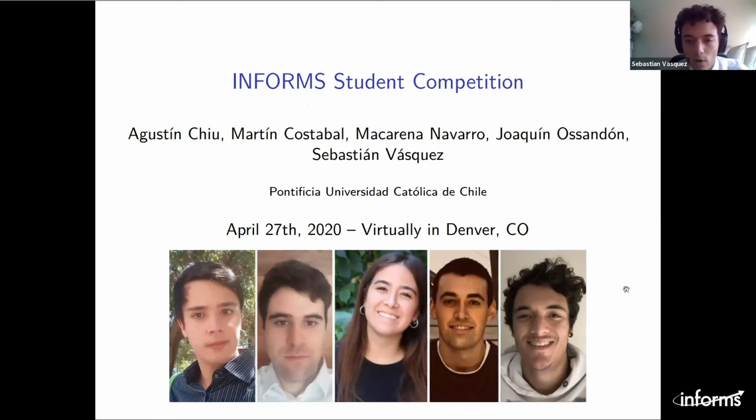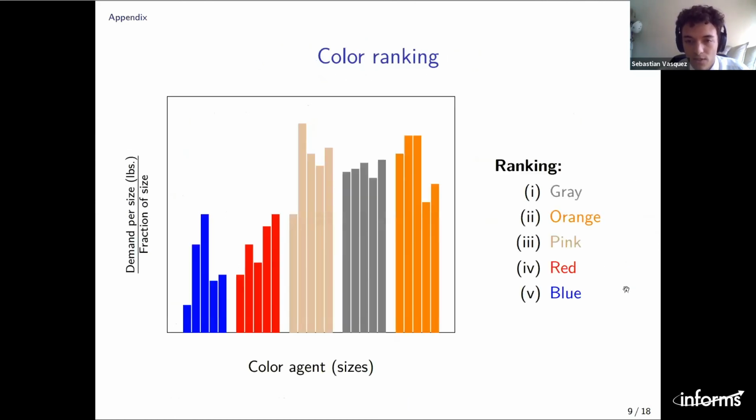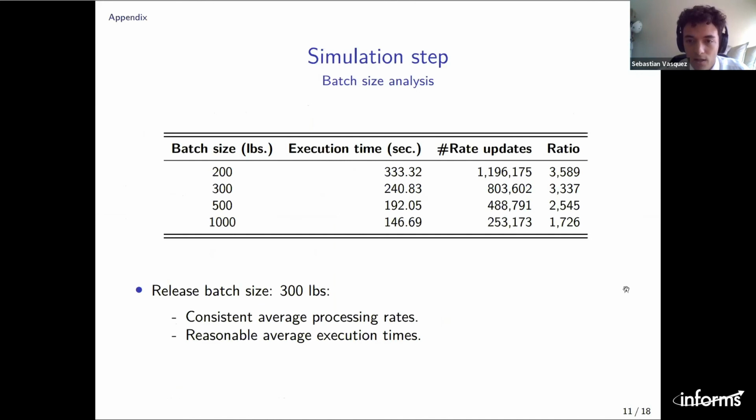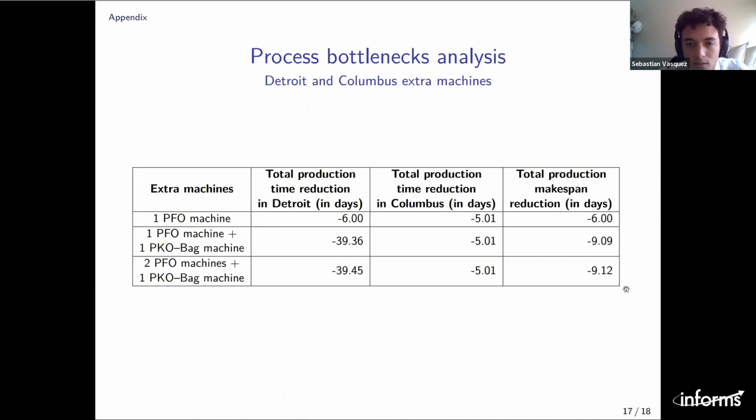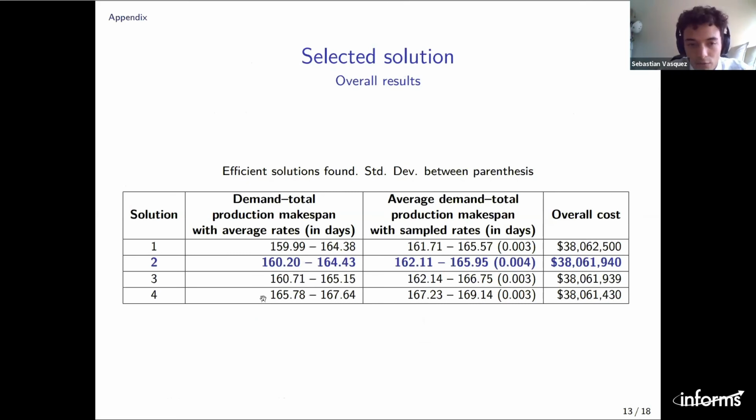Yes. What we did was, after running the simulation several times, we realized, and here we can see, that for our selected solution and also in the rest of the solutions, the standard deviation between all the makespans that we retrieved from the experiments of the simulation was less than 0.5%.